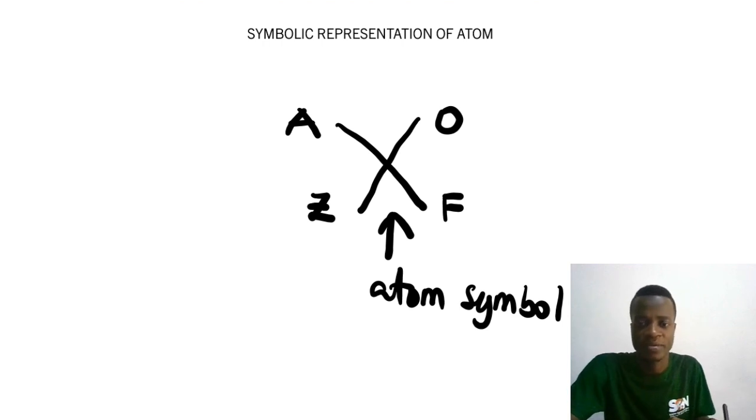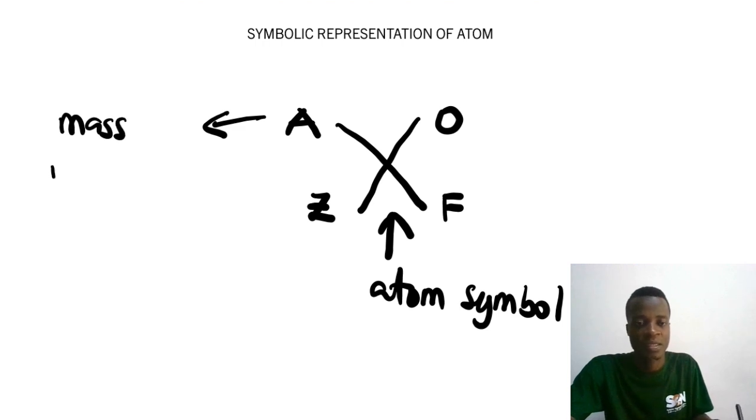So when we have the symbol X in the middle, we have four main parts of it. The first one, this one here, we call the mass number. What is the mass number?